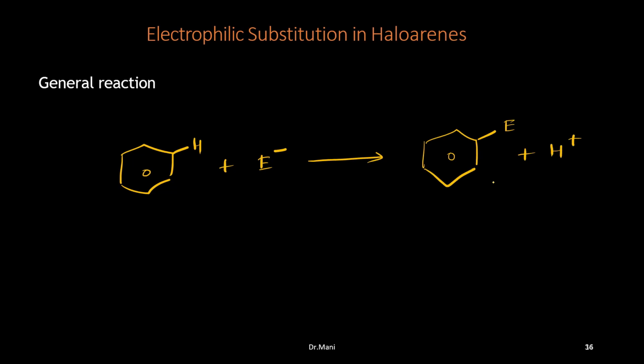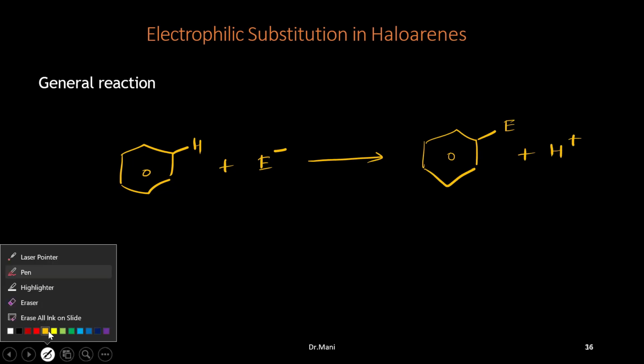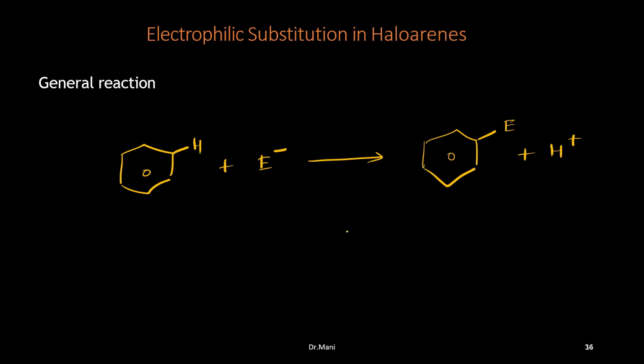And remember, most of the halo groups are either ortho or para directors. That means they will make the other groups attach in the ortho position or para position. Remember this. So halo groups are ortho or para directors. I'll show you an example.